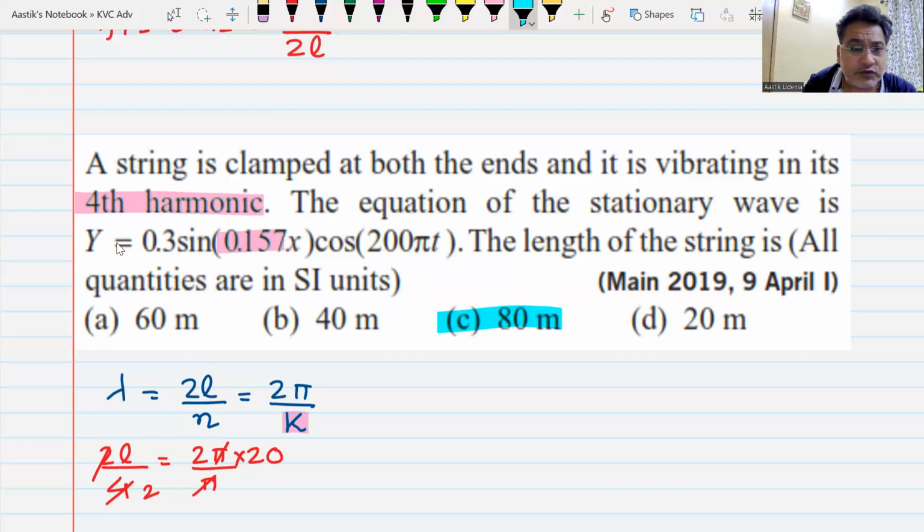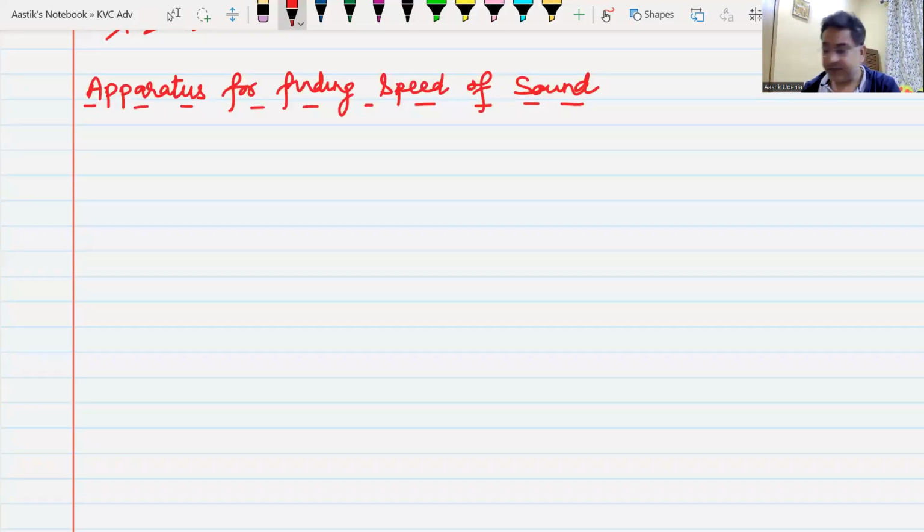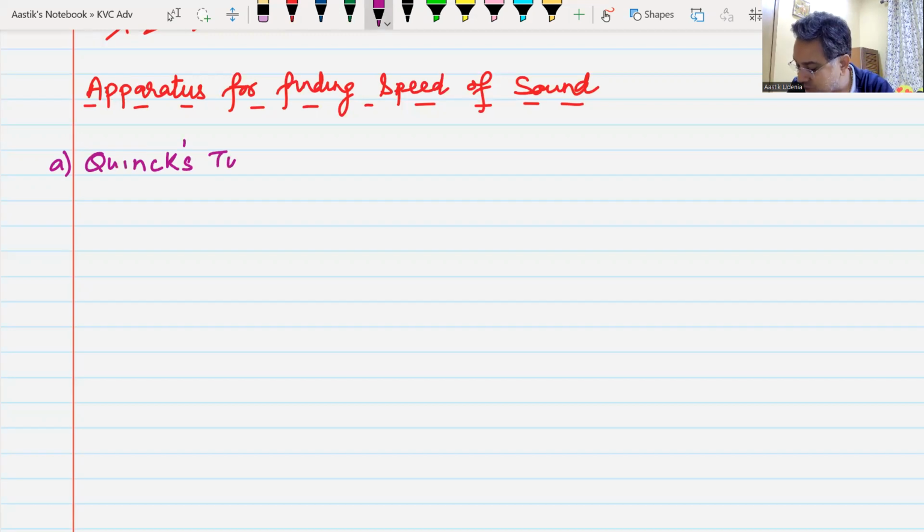And in this, two things normally come. The first one is known as Quincke's method or Quincke's tube. You don't have to really understand a lot about it.